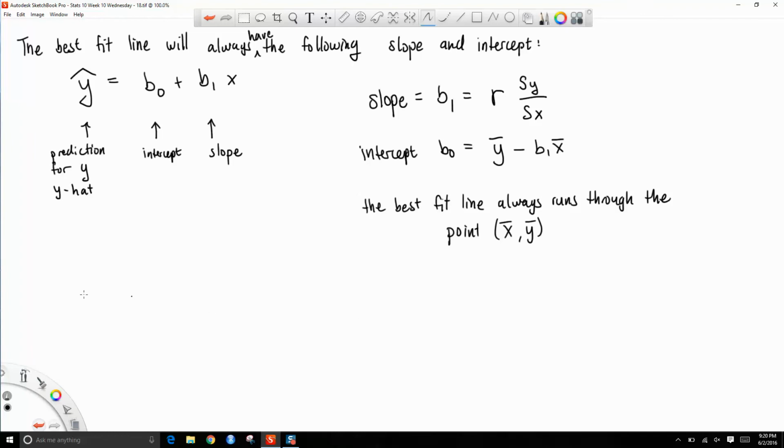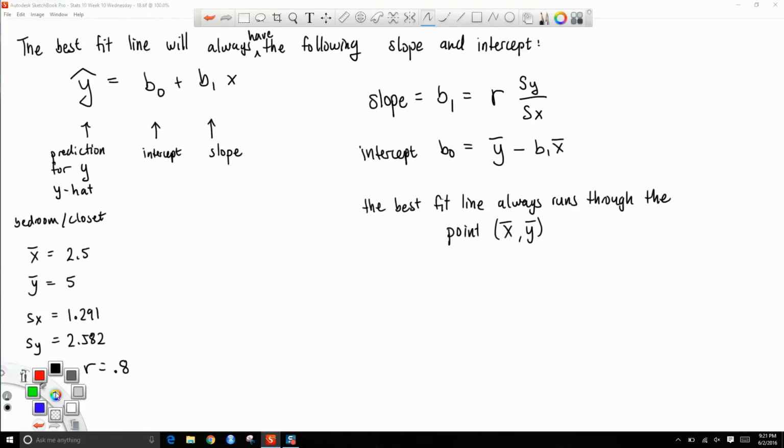With our bedroom closet data, we calculated these statistics earlier. x bar was 2.5, y bar was 5, the standard deviation of x was 1.291, the standard deviation of y was 2.582, and the correlation coefficient was 0.8. I knew where we were going, so that's how I picked our line of best fit.